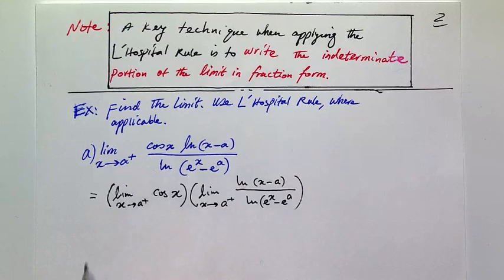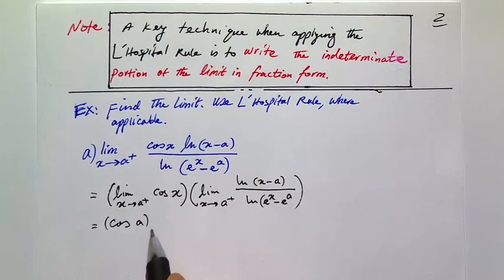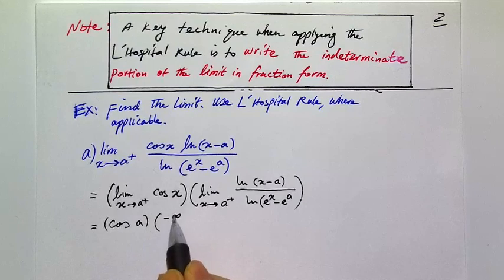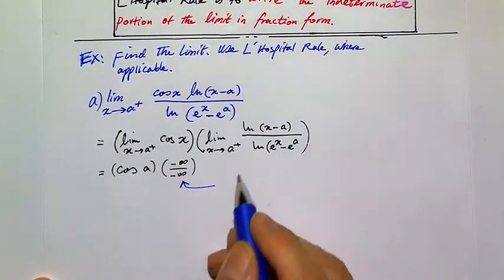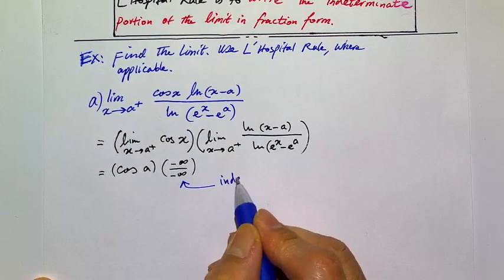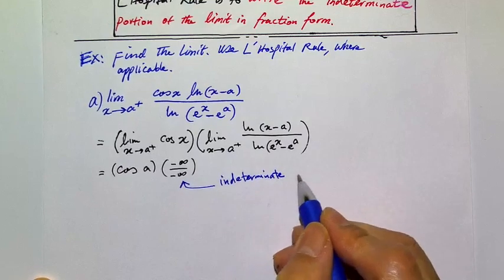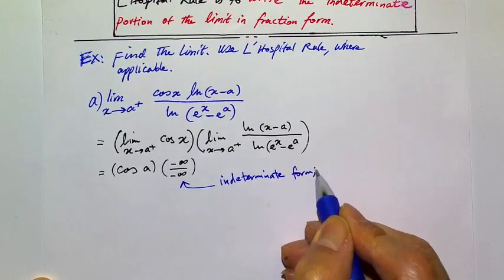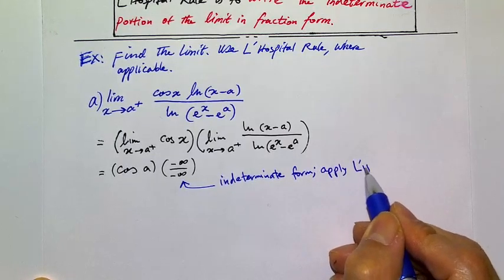Right? So we quickly see that the first piece, if we take the limit, it'll be cosine of a, and then times negative infinity over negative infinity. So this piece is the indeterminate piece of this, so we can apply the L'Hopital rule to that piece.